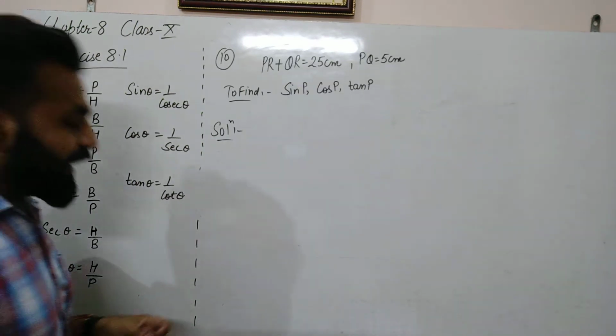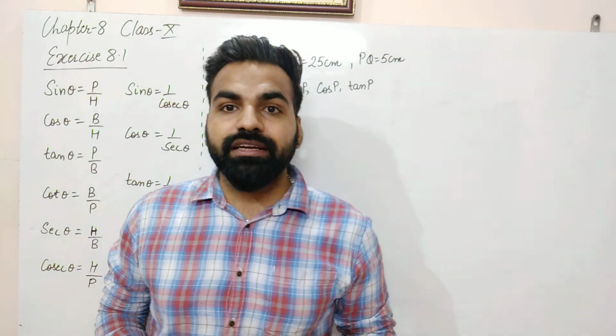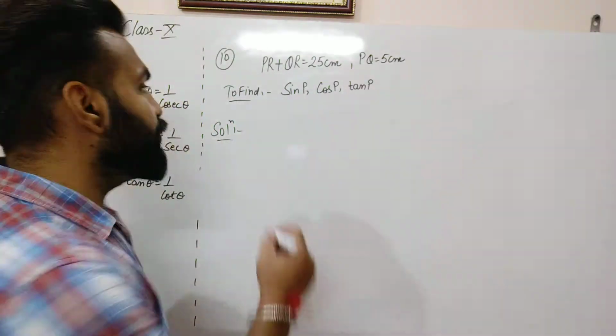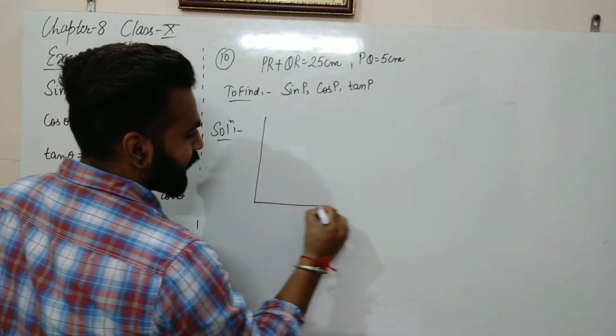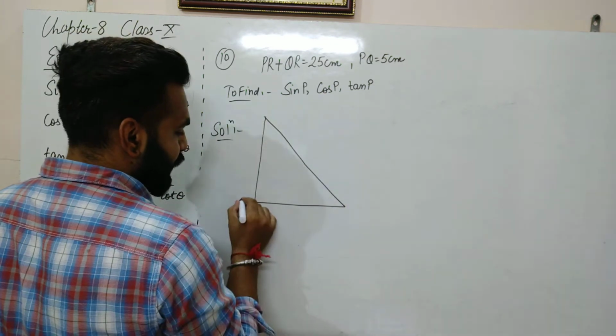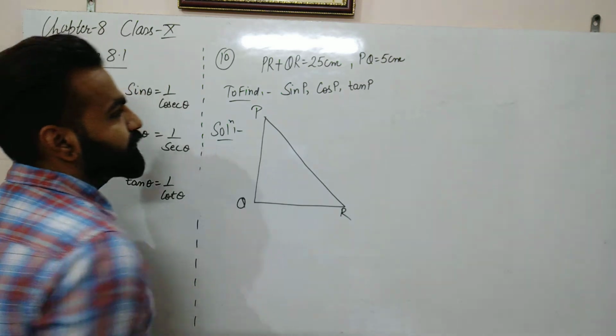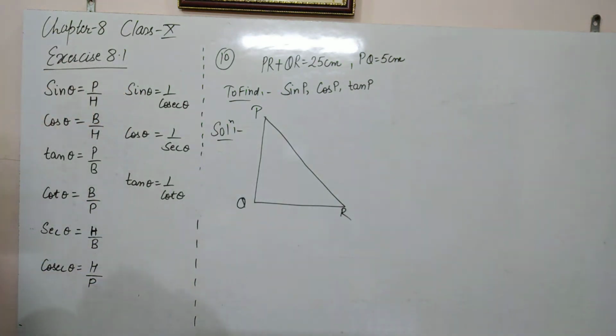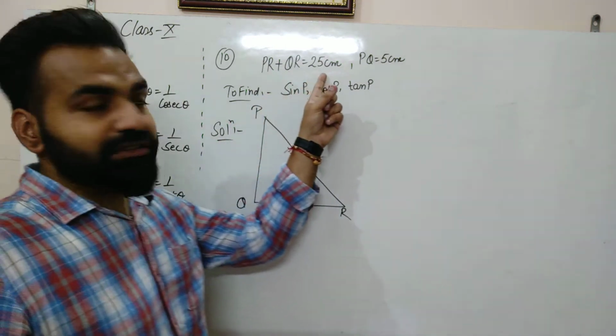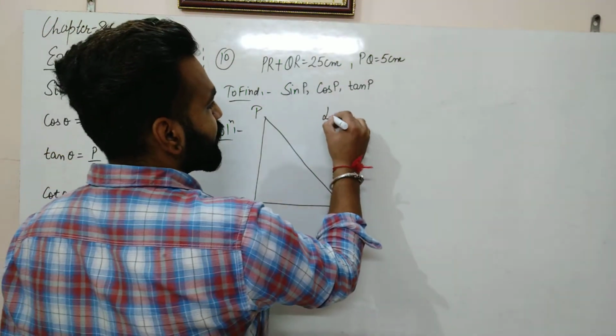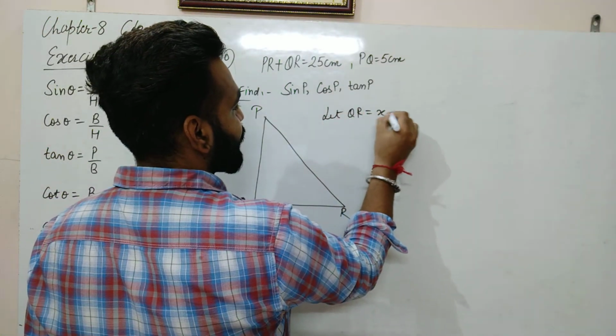In question number 10 it is given that PQR is a triangle which is right angled at Q. So we will form a triangle here which is right angled at Q. And let us say this is P, this is R. Clear? Now it is given that PR plus QR is 25. So let us say QR is x centimeter.